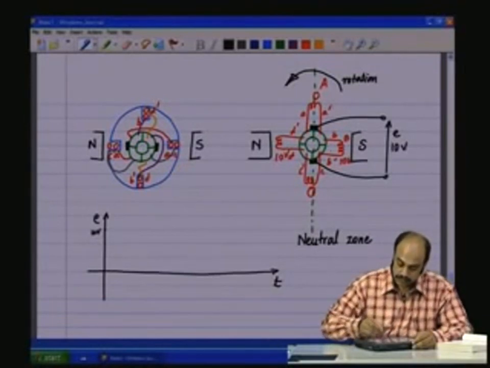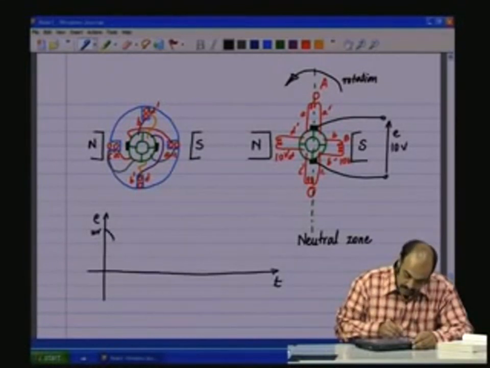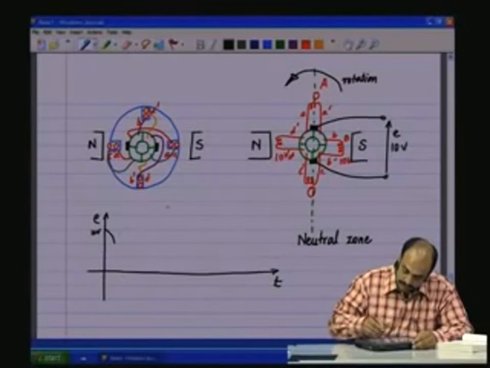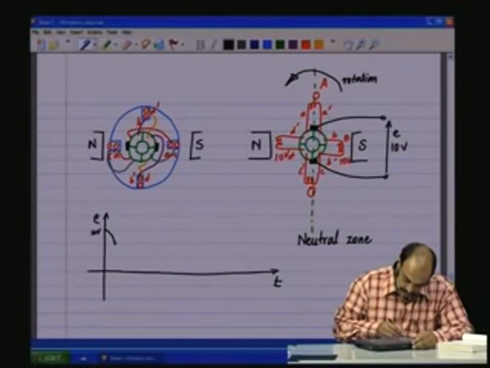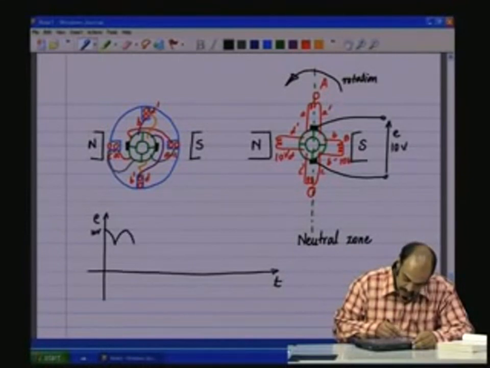Now what is happening to the voltage across the brush? As it is moving, the voltage across coil B and coil D is decreasing, and the voltage across coil C and coil A is increasing. So at some point in between, even before it has come to 0, the voltage across coil C would have increased beyond, and the brush would take the sum of the voltages of the coils which come between these two due to the commutator segments, and it will have a wave shape like that.